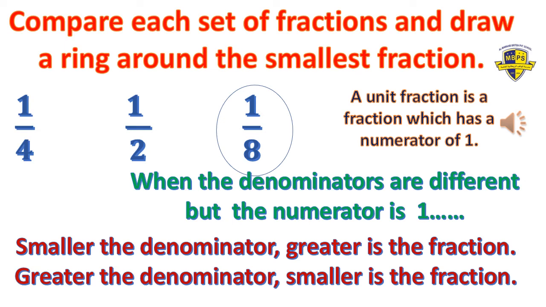Now students, we saw on the last slide that when the denominators are the same, you check the numerators. Now, if you look at these fractions, the numerators are 1, which means it is a unit fraction. When the denominators are different, but the numerator is 1, in this case, smaller the denominator, greater will be the fraction.